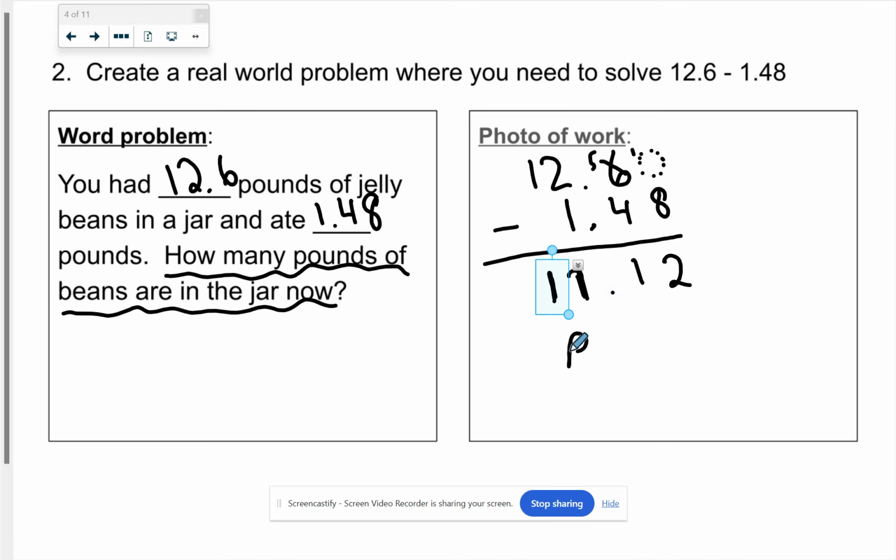So we have 11 and 12/100ths pounds of jelly beans in the jar. Again, when you are subtracting, you line up your place values, tenths on top of tenths, hundredths on top of hundredths. And also, if you can't subtract the bottom from the top, you need to borrow from the neighbor. A lot of people were not doing that. All right, let's keep going.